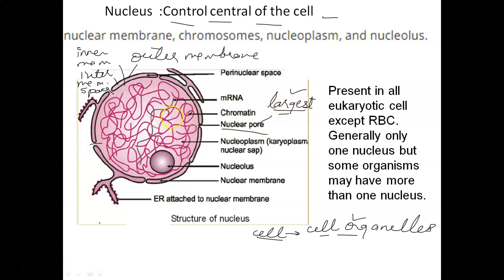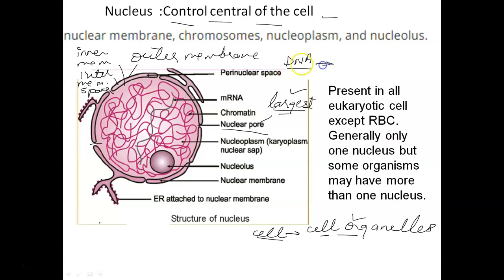The nucleus, we all know, stores the hereditary material, that is the DNA, and this DNA is present in the chromosome. DNA, chromosome, chromatin, hereditary material. This DNA is responsible for all the characteristic features, right?